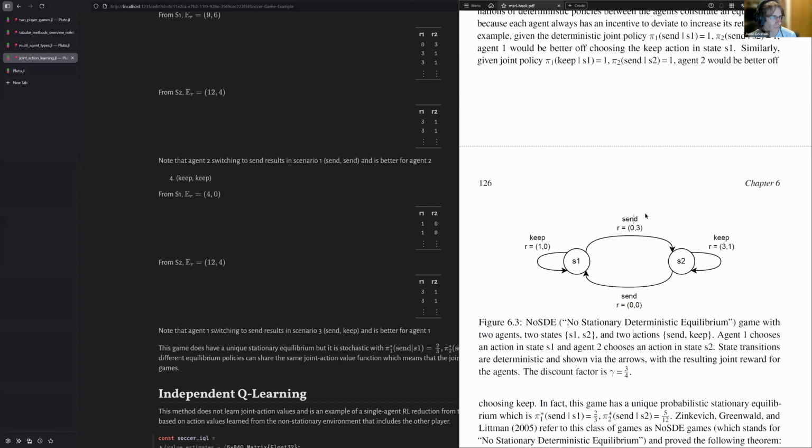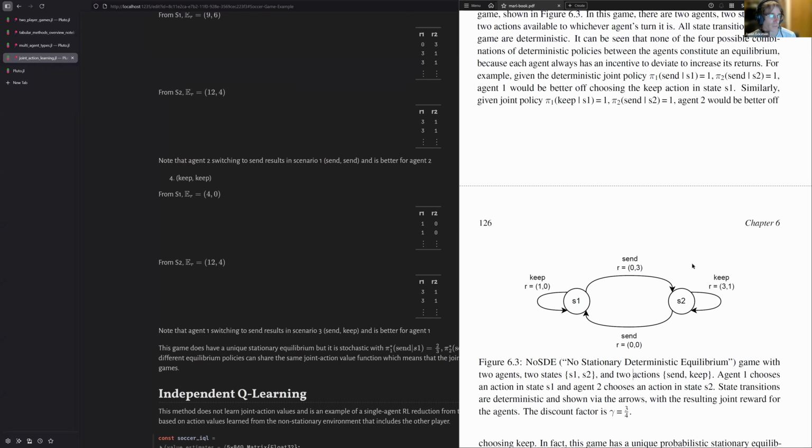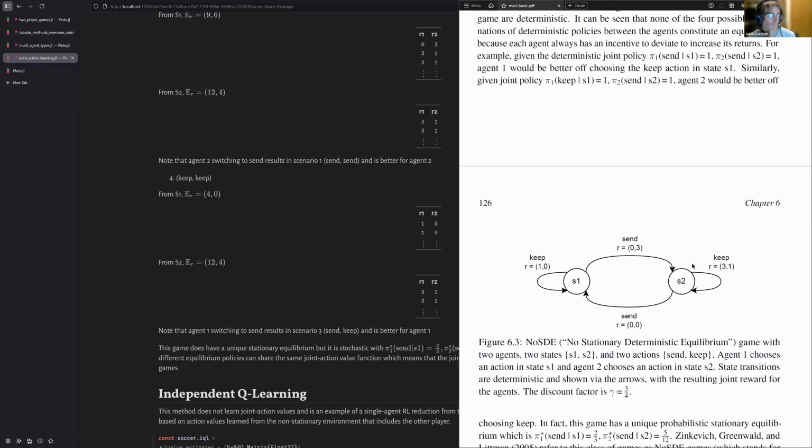I believe this problem should only exist in games where there are states in which one of the players doesn't have any action choice to make, because that will always produce a situation where the joint action values are just one-dimensional, and therefore they cannot learn a probabilistic equilibrium.